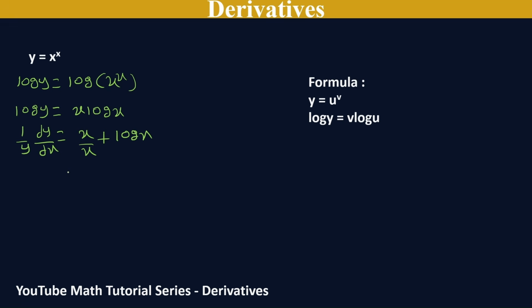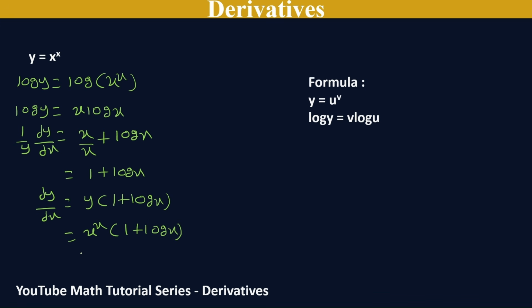So the answer is coming as 1 plus log x. So dy by dx will be equal to, now y will go to multiplication from the left side as it is divided there: y in bracket 1 plus log x. Now y is nothing but x to the power x, so let's put it over here. X to the power x in a bracket 1 plus log x should be the final answer in this case.